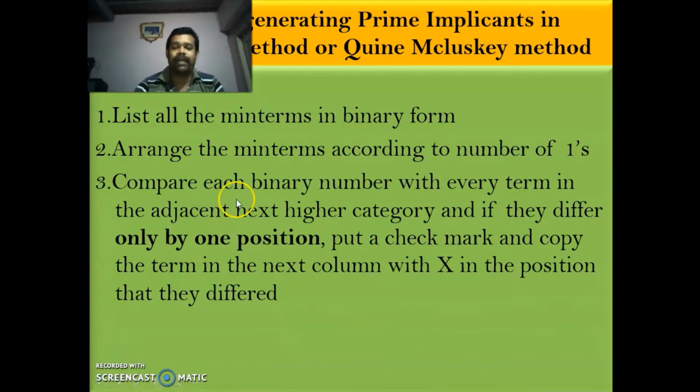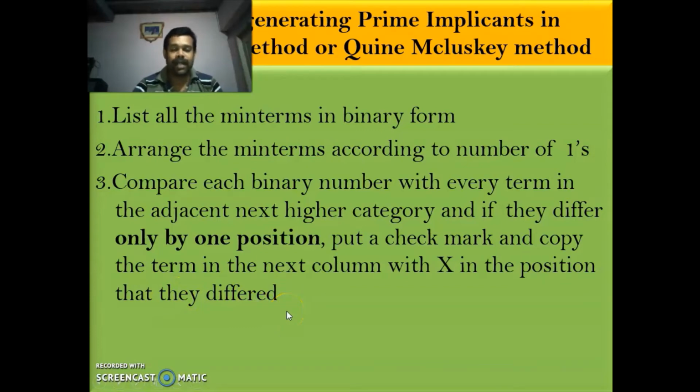Then compare each binary number with the terms in the adjacent next group, and if they differ by only one position, we have to put a check mark and copy the term in the next column with an x in the position that they differed.